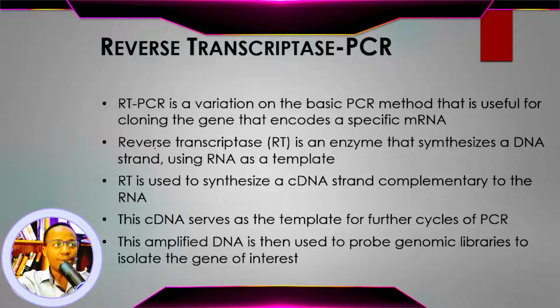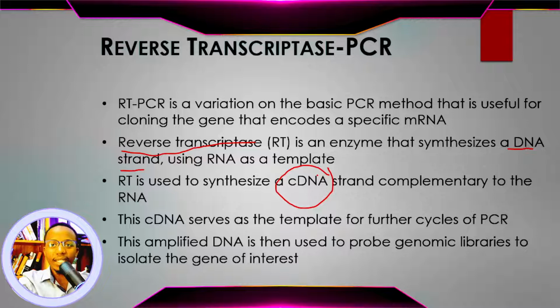So we use reverse transcriptase to synthesize the DNA, and then after that we do the PCR. We multiply the DNA that came from the RNA. That's where we use cDNA, right?